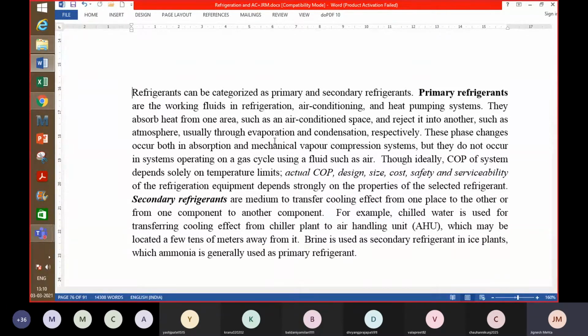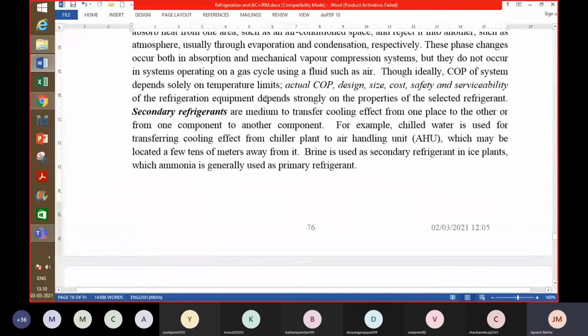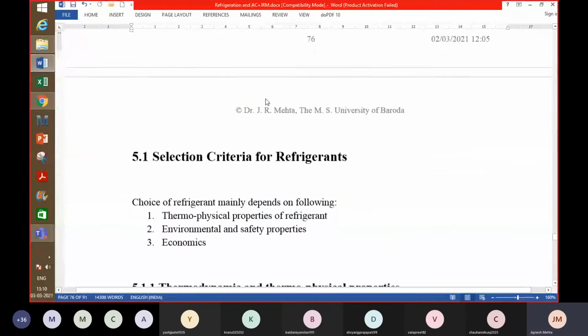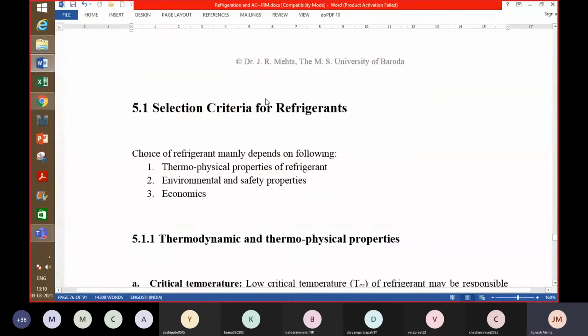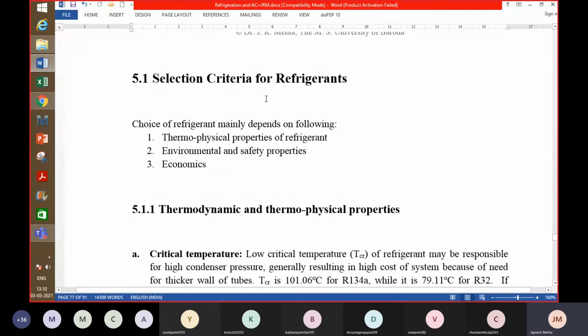Brine is nothing but a solution of salt in water. So brine is used as a secondary refrigerant in ice plants, where ammonia is generally used as the primary refrigerant. So this is about the two categories of refrigerant, primary and secondary, though most of the discussion here is regarding the primary refrigerants only.